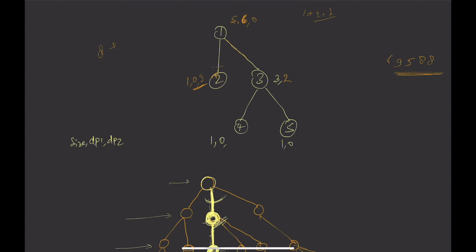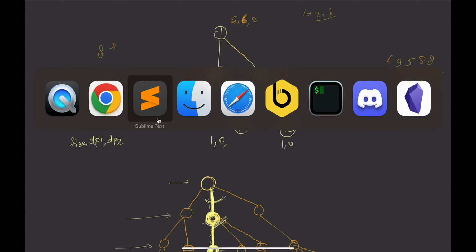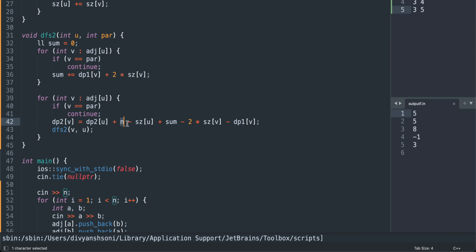But wait a minute, what is this formula calculating? I think n minus size of u. dp2 of u means, okay, they all will be incremented by 1. For this dp2 of 1 will remain 0, so for 1 it will call 2, it will call 2, 1 will call 2. For 2 the dp2 of 1 is 0, so dp2 of 1 is 0 plus n minus size of 1. What is size of 1?